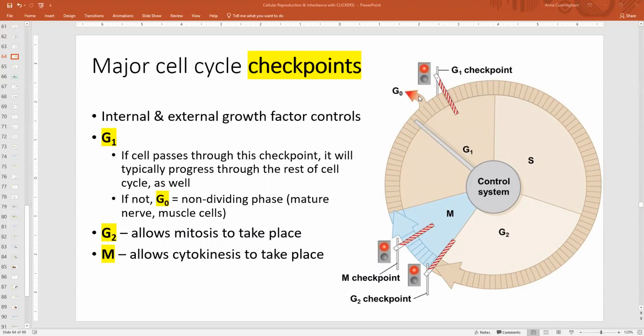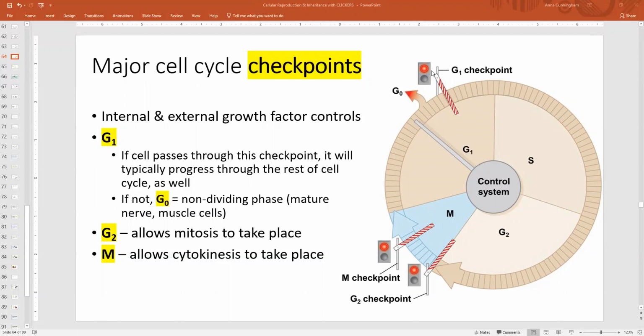And then you'll also notice something during G1, this little arrow that pops out, that's called G0. So this is where a cell gets stuck in a phase where it's told to not even go into cell division. So it's basically just a cell, and it is not going to divide. So let's talk about each of those checkpoints.